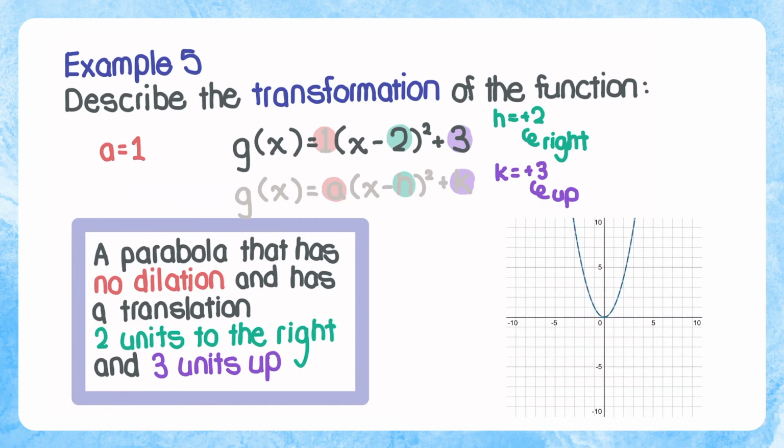We start at y = x², and since there is no dilation, we move on to the translations. We translate 2 units to the right, and then we translate 3 units upwards. Our vertex is at the coordinate point (2, 3). So for this example, we had no vertical dilation because a equals 1.